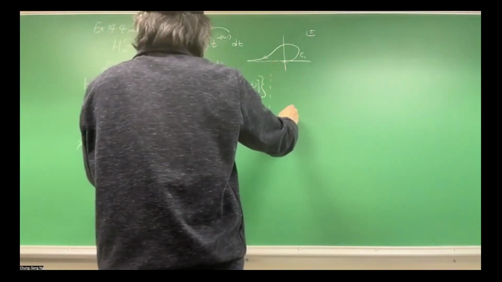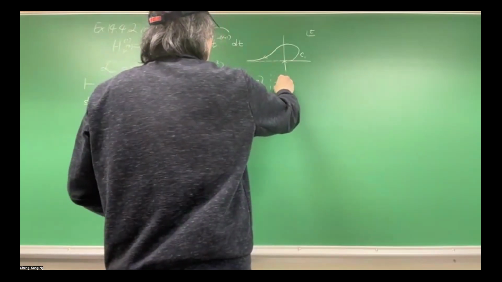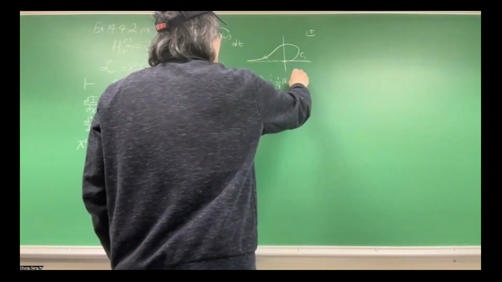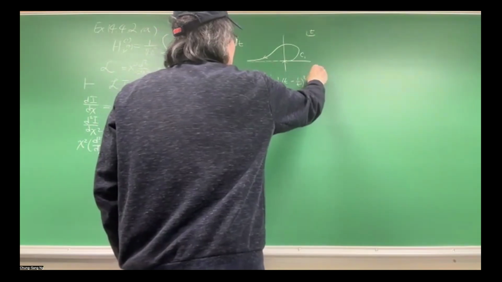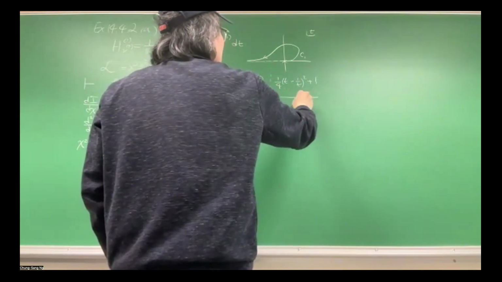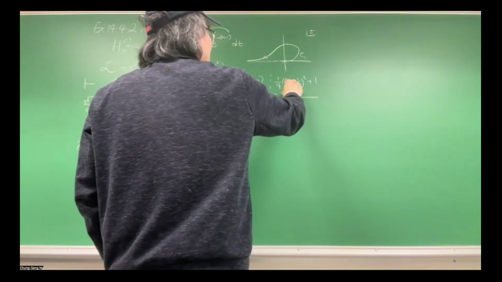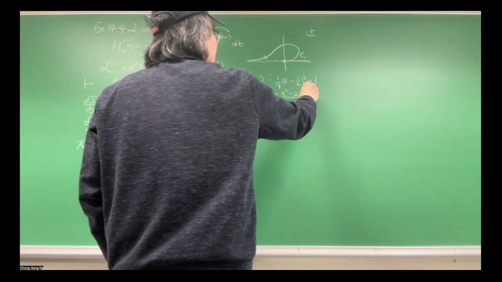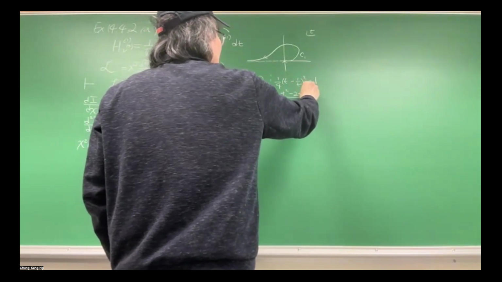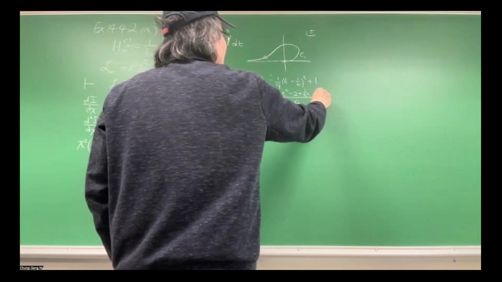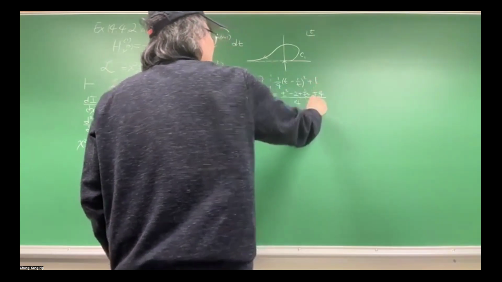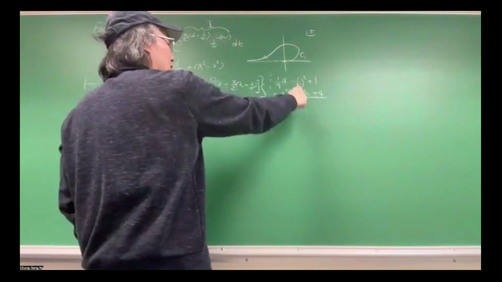So 1/4 of t minus 1/t squared plus 1 is 1/4 of t squared minus 2 plus 1/t squared plus 4, right? This one equals this one.